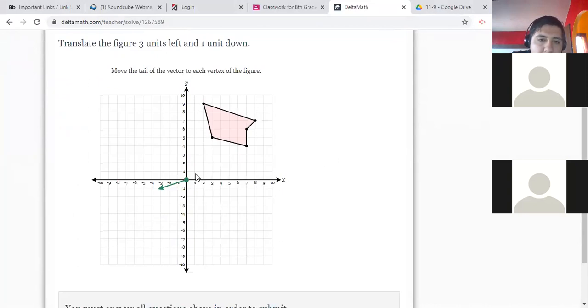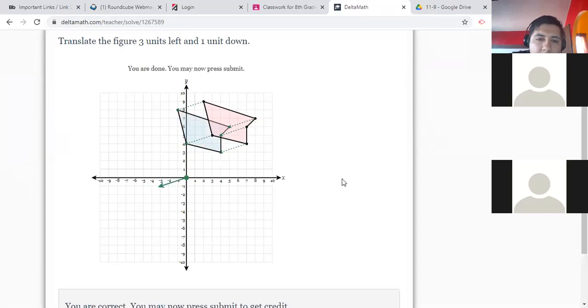Now you're going to take this arrow and move it to every one of the points on your shape. As you can see, it graphs it for you automatically. And all we really did was move each point 3 units to the left and 1 unit down.